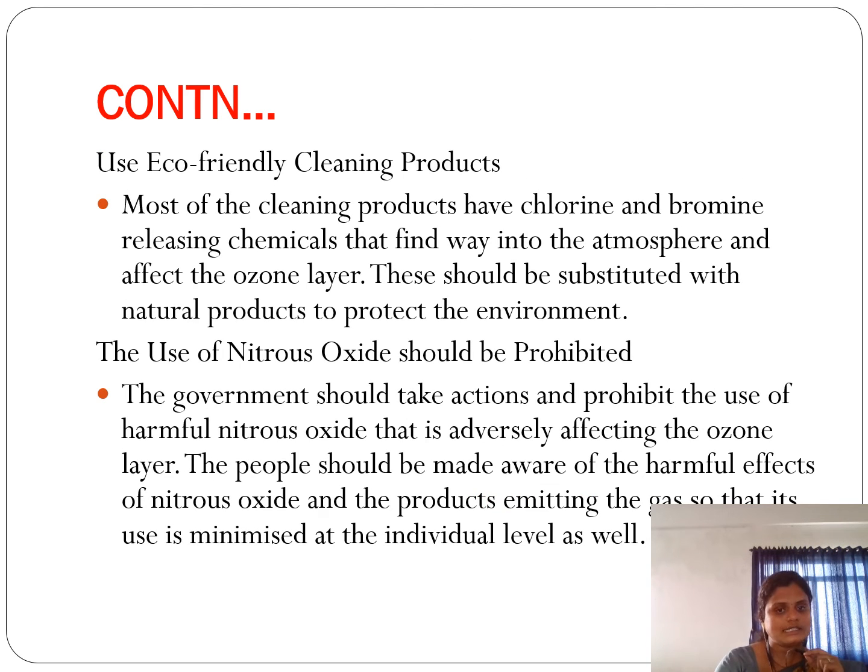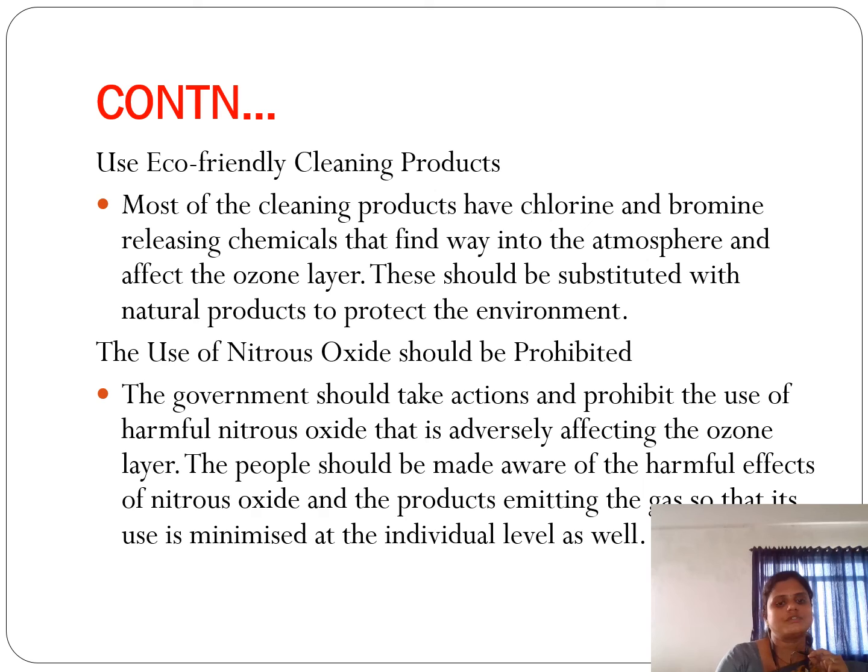Use eco-friendly cleaning products. Most cleaning products have chlorine and bromine releasing chemicals that find a way into the atmosphere. They are affecting the ozone layer. So try to reduce the usage of chlorine and bromine emitting chemicals. Surely we want to protect our environment.